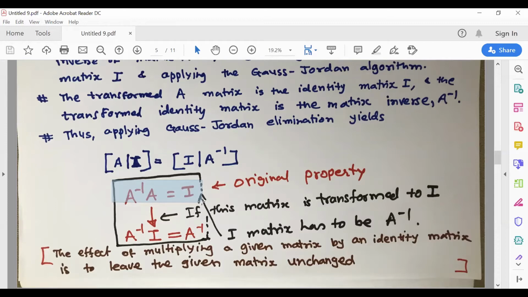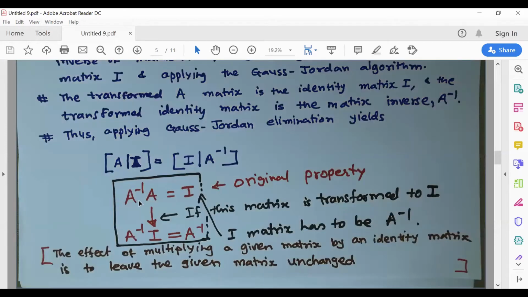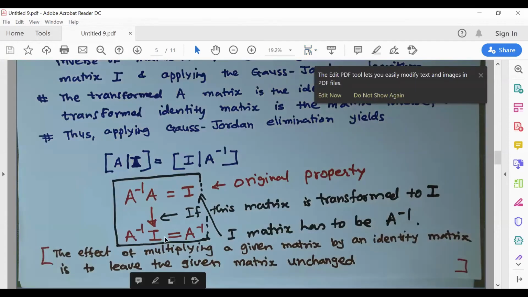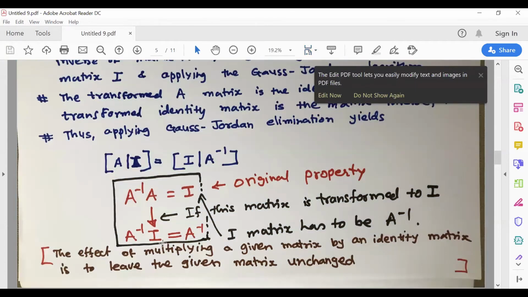So if I am able to convert my A matrix into the identity matrix, then whatever matrix you are multiplying with the identity matrix gives you the same matrix.